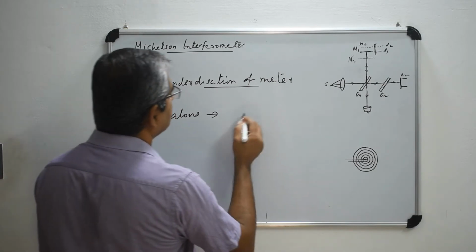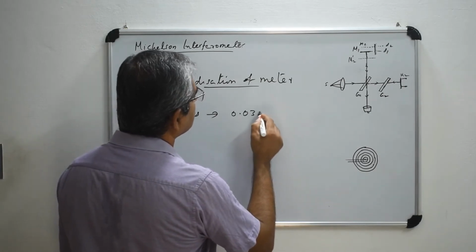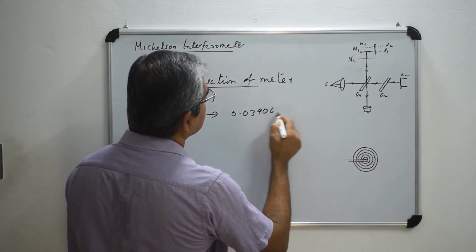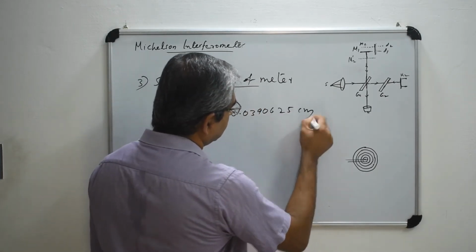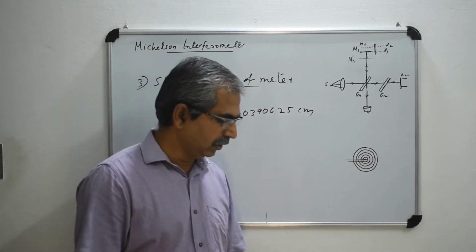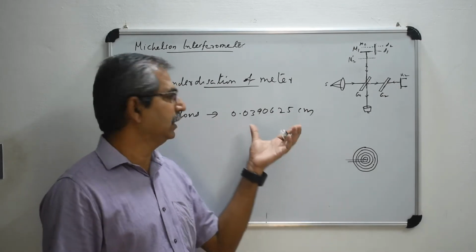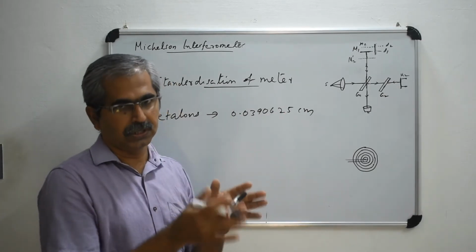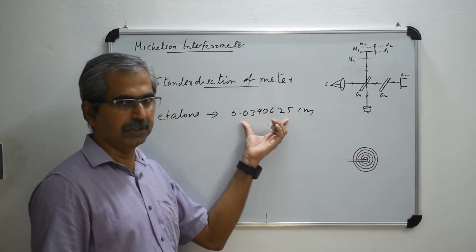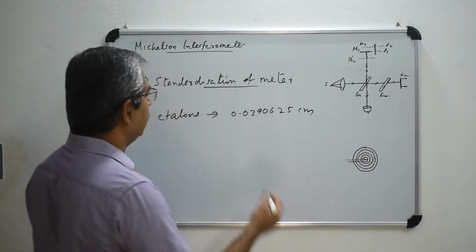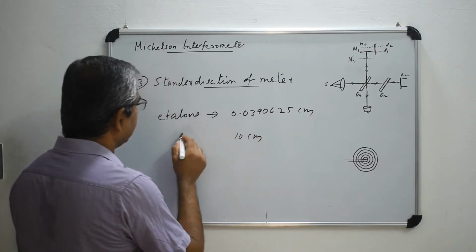The smallest echelon has a length equal to 0.03900625 centimeter. Then the next echelon will be double this value, and doubling the value each time, you get 10 centimeters for the 9th echelon.